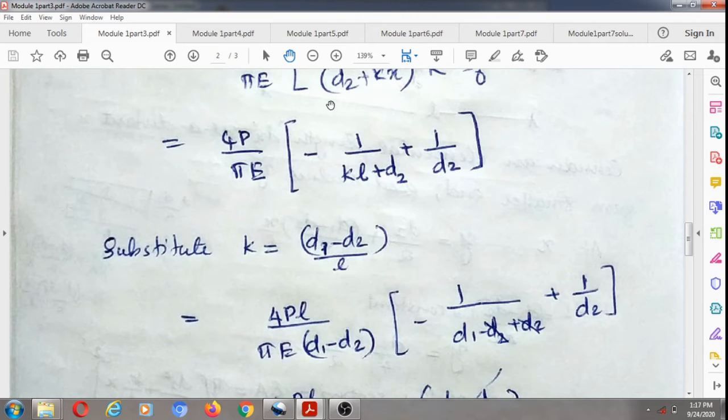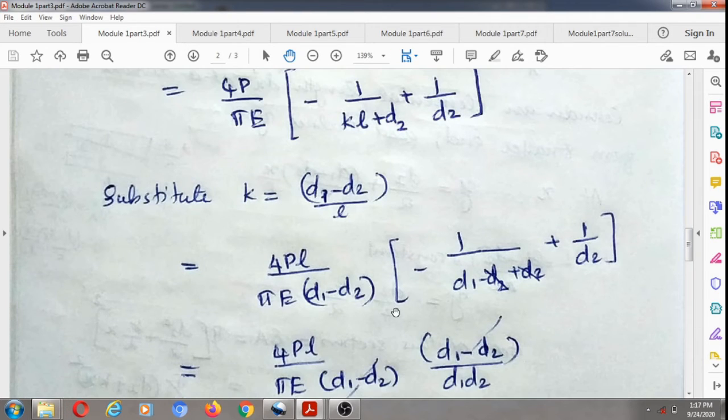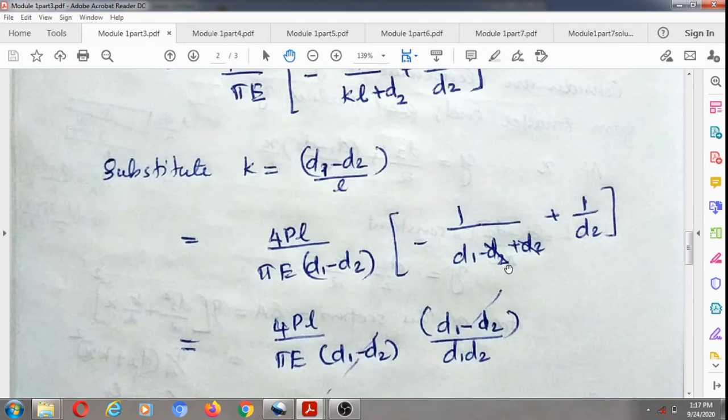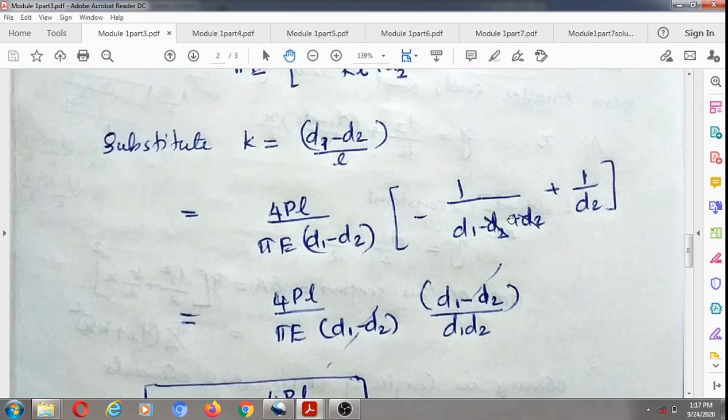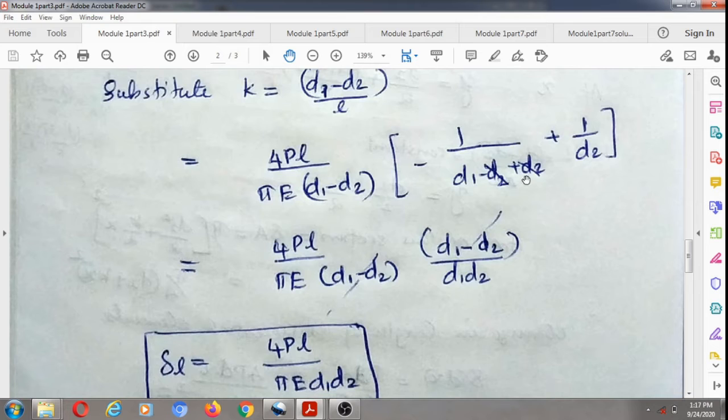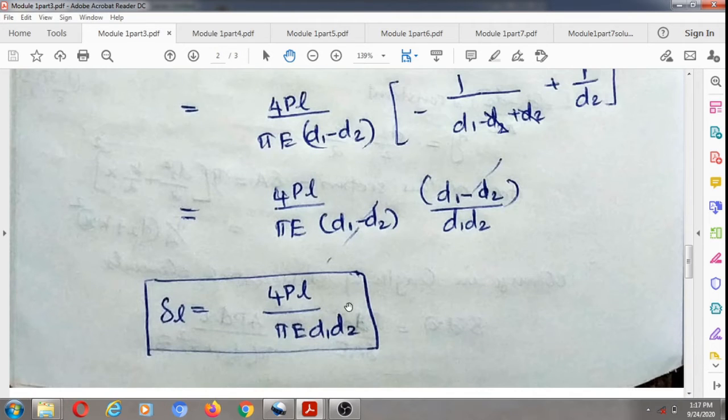After getting this equation, substitute our k value as (d1 minus d2) by L. Substituting this, d2 cancels, and you will get 4PL by pi E (d2 minus d1). Here again the d1 minus d2 cancels, and you get the expression delta L equal to 4PL by pi E d1 d2.